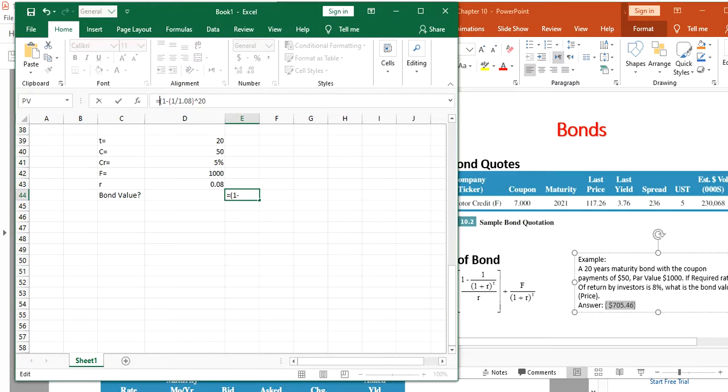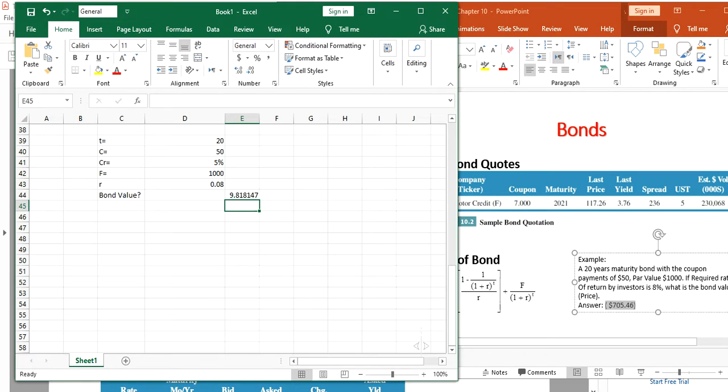Let me have an equal here, and all of these divided by R. So far I have that one over there. What about this part?